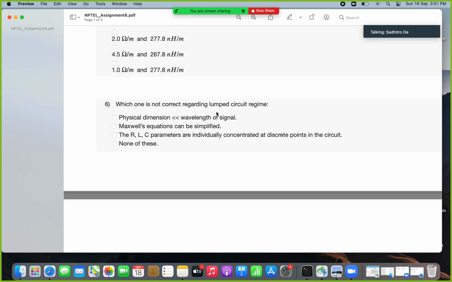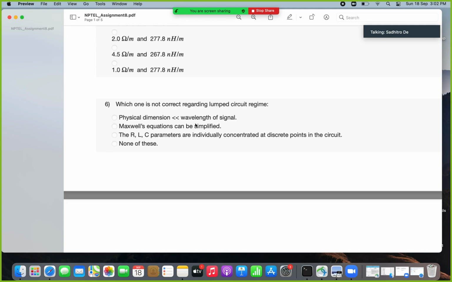So in case of a lumped circuit diagram, what happens here? A transmission line is a very long length segment, right? It spreads over hundreds of meters, and you're representing that on a small diagram. So in the lumped circuit diagram, the physical dimension is much less than the wavelength of the signal.